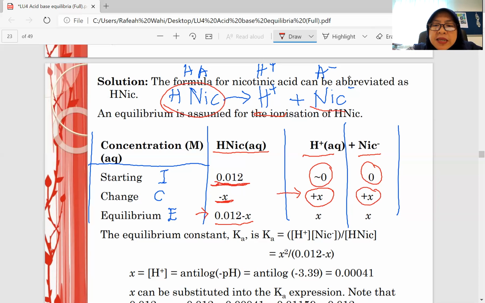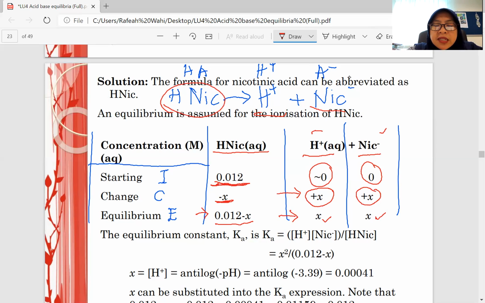So it would be positive X and positive X. It is obvious how we calculate the equilibrium concentration: 0 plus X equals X for H plus ion, and 0 plus X equals X for the conjugate base. So we have our equilibrium concentrations for all the species involved in the dissociation process.